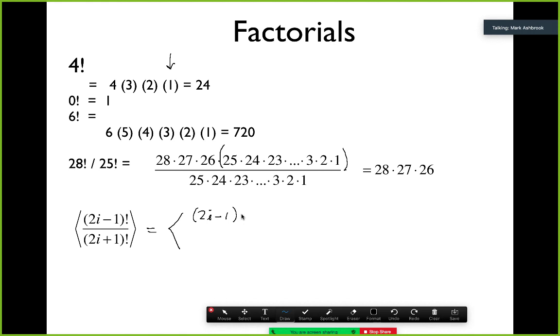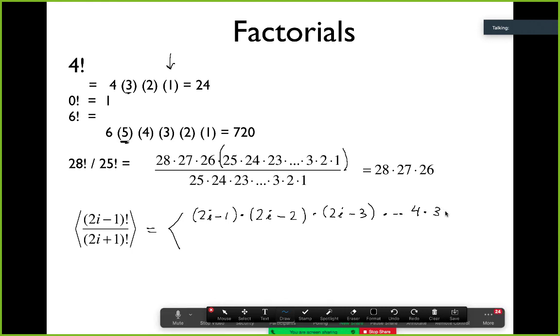What's the next thing we multiply by? It's going to be that number minus 1, right? So the next number we multiply by is the starting number minus 1, which is 2i minus 2. And then we subtract 1 again, and we multiply by that. And we're going to do that all the way down to 1.